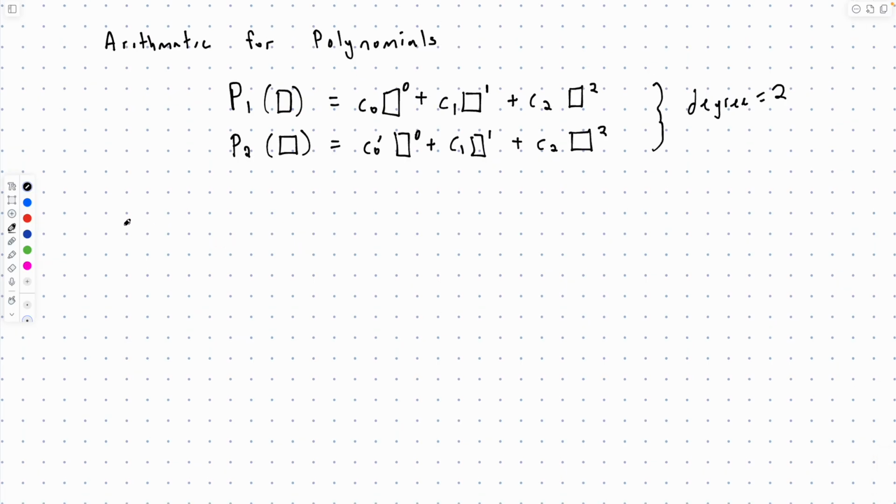Okay, so what can we do with polynomials? There's 5 things that we can do. 4 of which are relevant to what we want to do, and one of them that isn't so relevant, but I'll maybe say a few words about it. So it's just add, subtract, multiply, divide. And then there's something called composition, where you could do P1 of P2 of the variable. But we don't need that for this course.